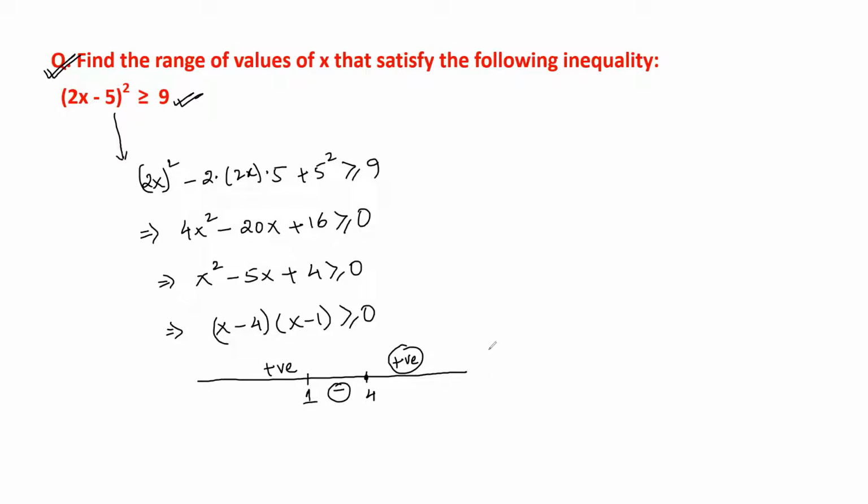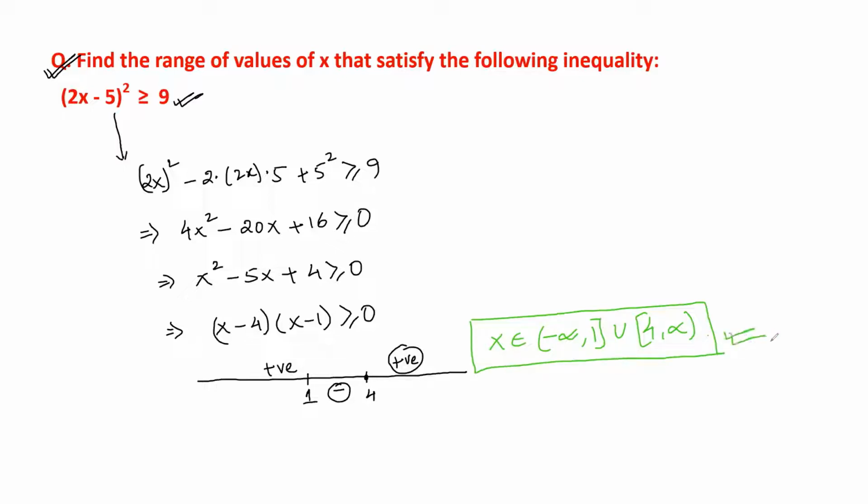So the range of values of x for which this inequality would be satisfied would be simply x belongs to minus infinity to 1, including 1, union 4 to infinity, including 4. So this is the range of values which would be satisfying this inequality.